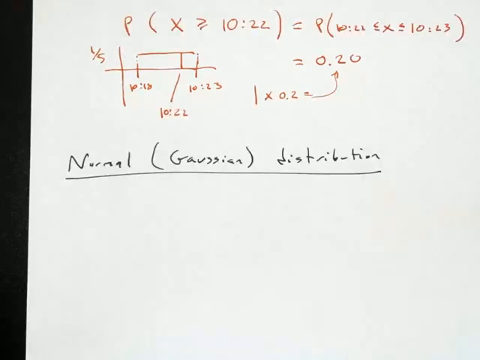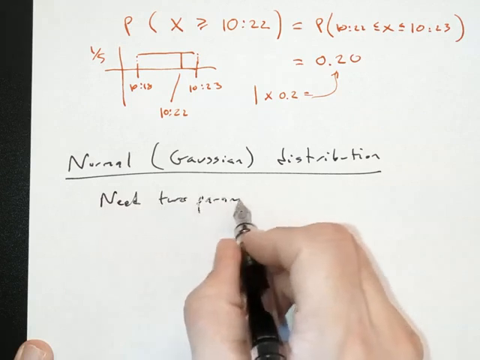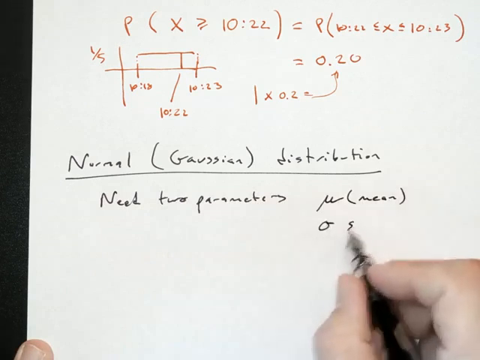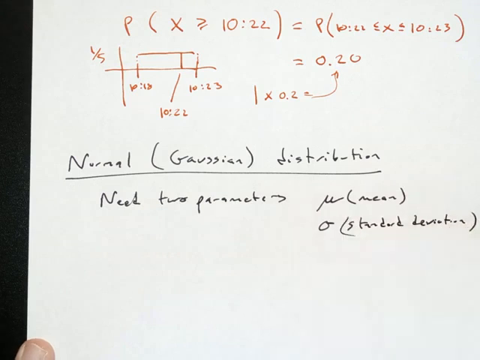Now, we need two different pieces of information because a normal distribution is defined by its mean and its standard deviation. So I need two parameters.